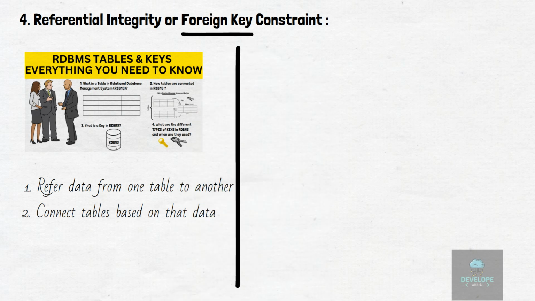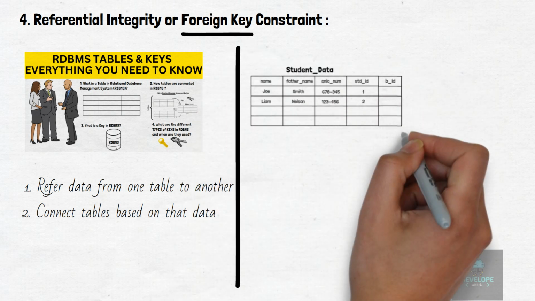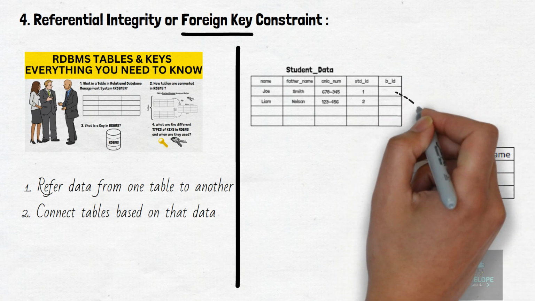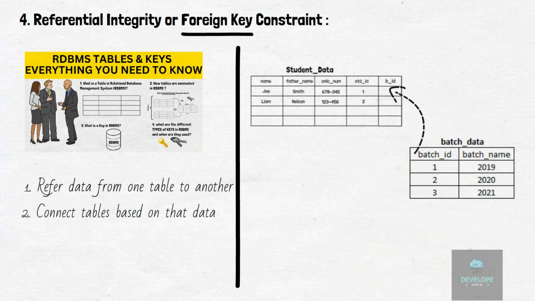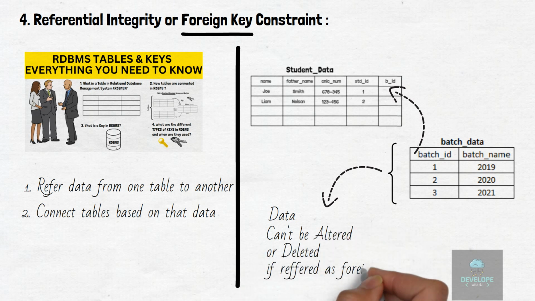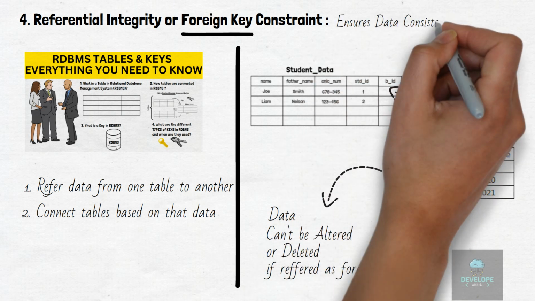For example, in the example we discussed previously, batch_ID from batch_data table was referred to in the student_data table. So, this constraint ensures that data from batch_data table cannot be altered or deleted if it is referred to in some other table as a foreign key. This helps us ensure the consistency of data.